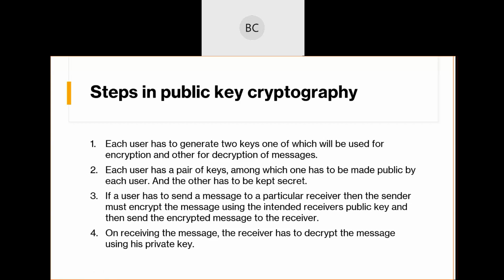If a user has to send a message to a particular receiver, then the sender must encrypt the message using the intended receiver's public key, and then send the encrypted message to the receiver. On receiving the message, the receiver has to decrypt it using the private key only.